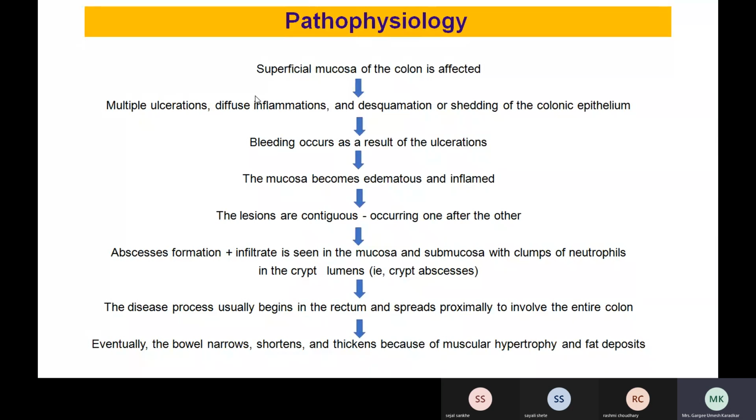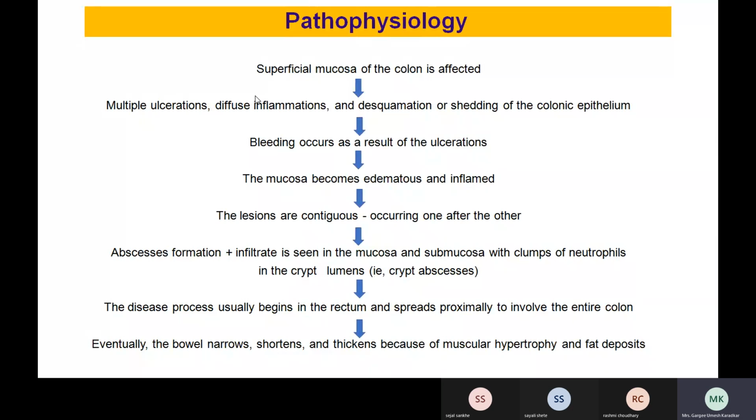In ulcerative colitis, there is formation of multiple ulcerations, diffuse inflammation, and desquamation. Bleeding may be seen from these ulcers, and there is edema and inflammation. So again, this will progress. What changes are seen on the mucous membrane?